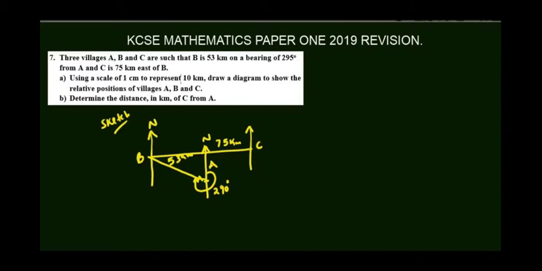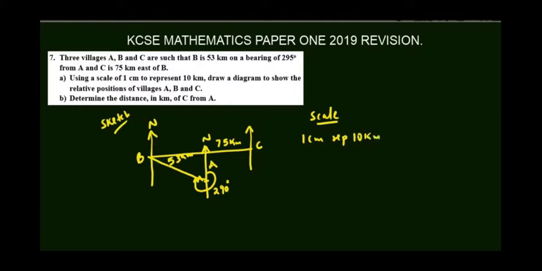So using a scale of 1 centimeter to represent 10 kilometers, draw a diagram to show the relative positions of A, B and C. So we are going to draw a scale drawing, and for the scale drawing we are instructed to use 1 centimeter representing 10 kilometers as the scale.